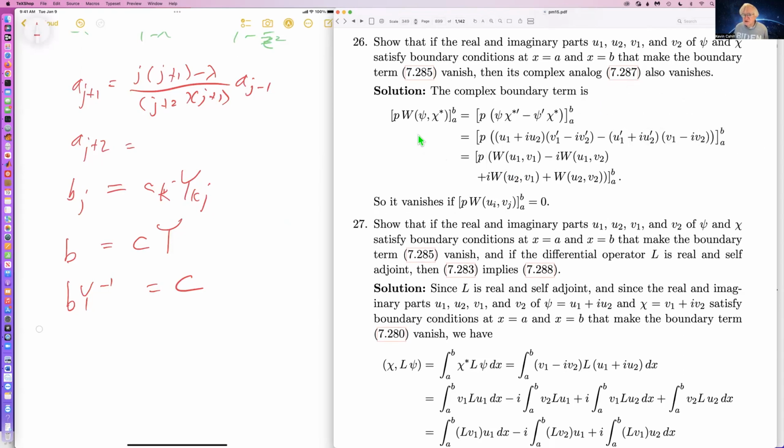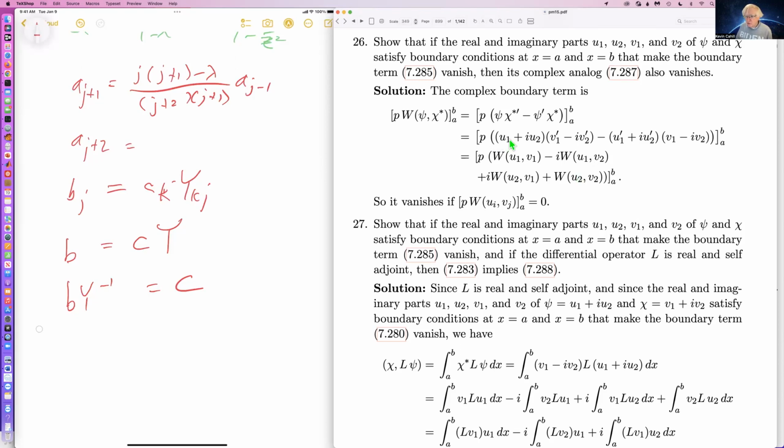So what you do is you just write the complex Wronskian out, and you get psi is U1 plus i U2, psi star is V1 minus i V2, and the prime means you differentiate both of them. And then you have minus psi prime, so that's U1 prime plus i U2 prime, and then chi star is V1 minus i V2. And all that at B and A.